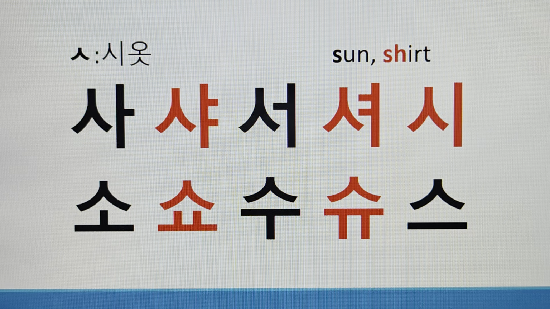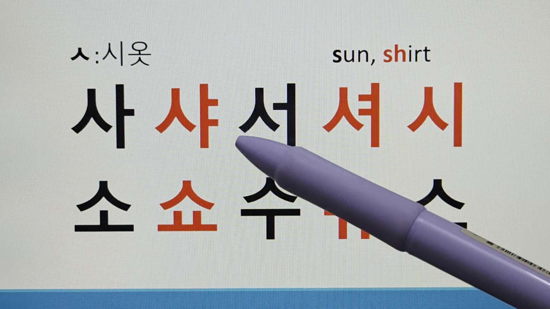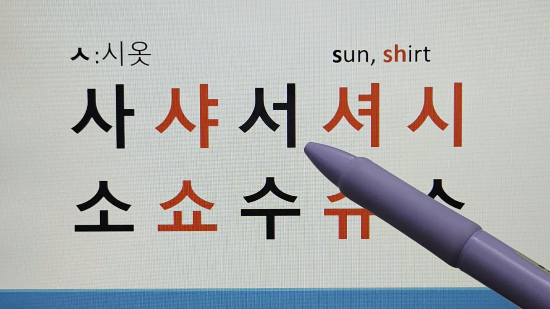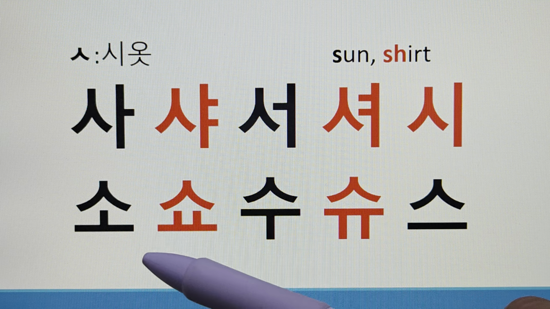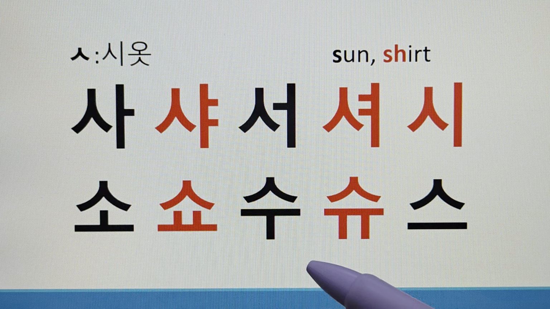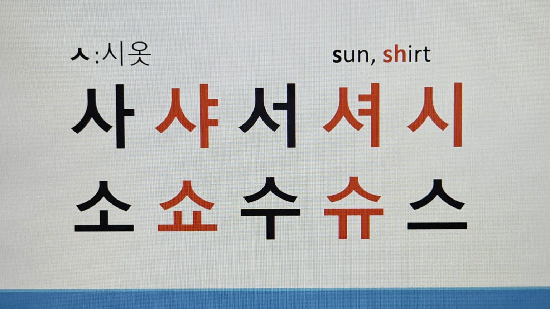This is a very cool feature of Korean pronunciation. I really like this one. Let's practice them all together. 사, 샤, 서, 셔, 시, 소, 쇼, 수, 슈, 스.